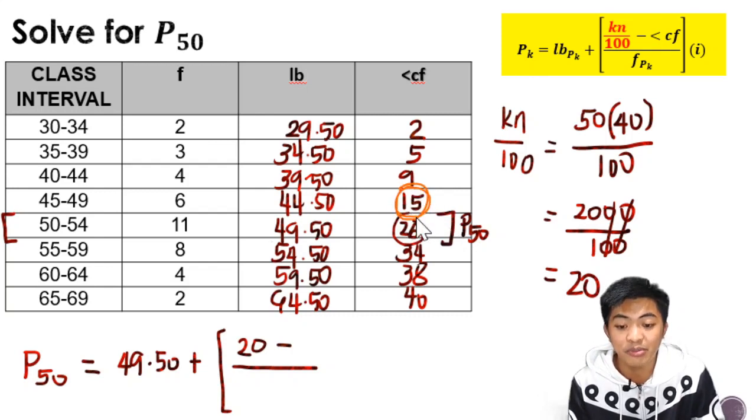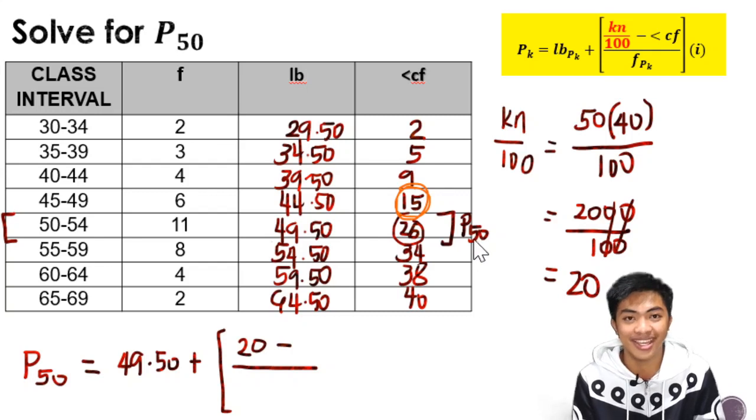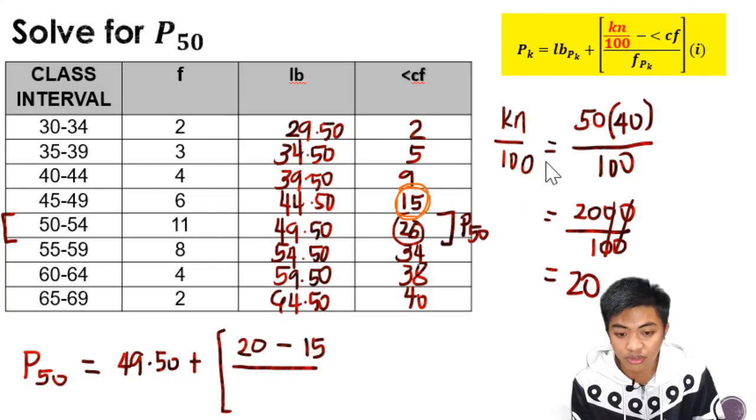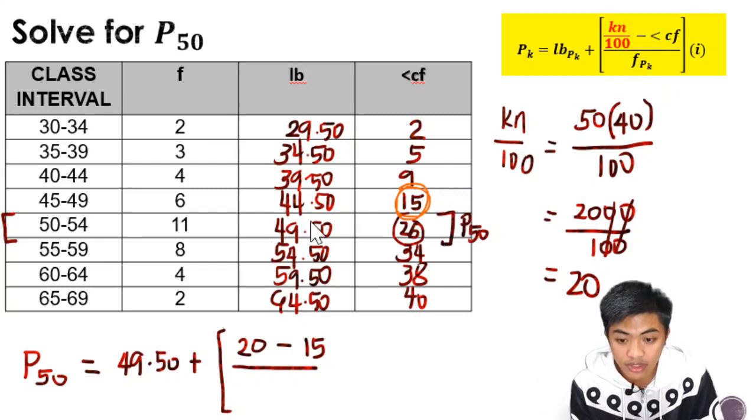Because this is the cumulative frequency of the lower class next to the class that contains the 50th percentile. Okay, so ganun lang yun guys. Okay, basta for the cumulative frequency, yung kukunin natin is yung cumulative frequency just preceding the class that contains the 50th percentile over the frequency of the 50th percentile class. Okay, so yung frequency is 11.